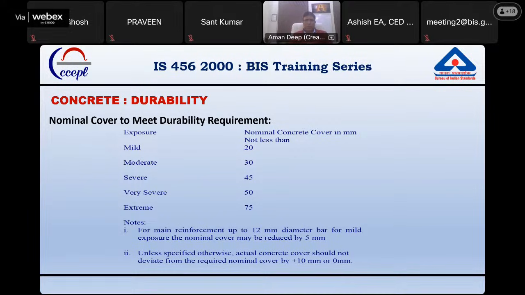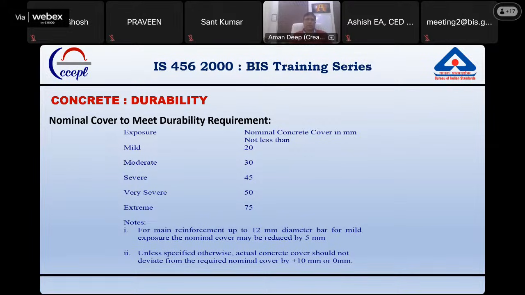So for the main reinforcement, up to 12 mm diameter of bar for mild exposure, the normal cover may be reduced by 5 mm. So when the stresses are low, maximum diameter of bar is 12 mm, and that too with mild steel with mild exposure, then you can have 15 mm cover also.